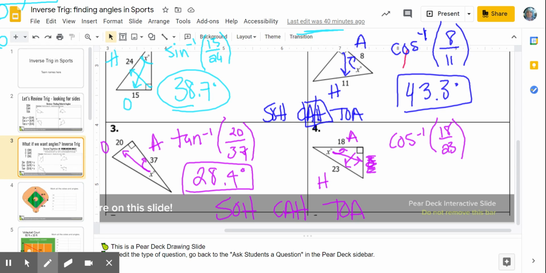Anybody got question 4? Did you put inverse tangent 20 over 37? So if I put it in, are you using Desmos? What'd you do wrong?